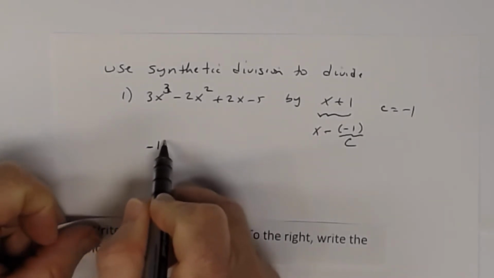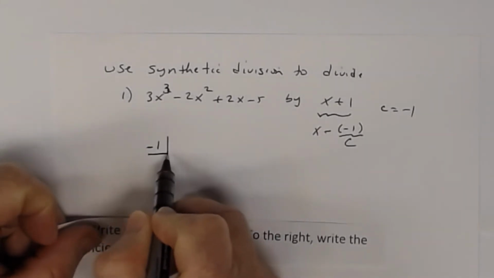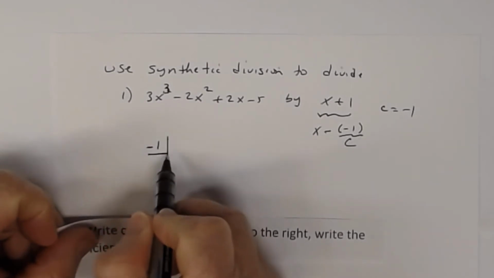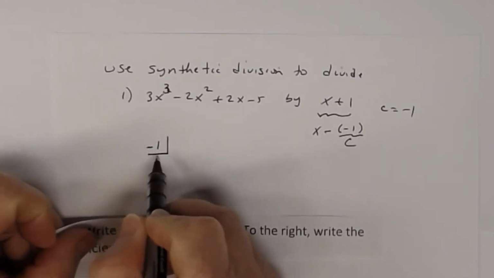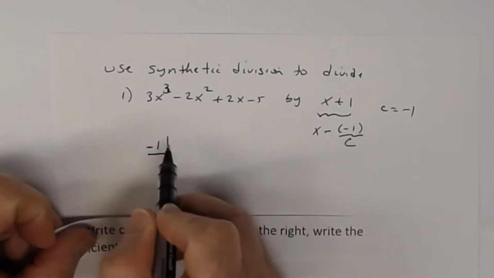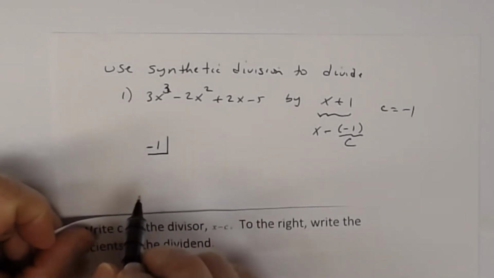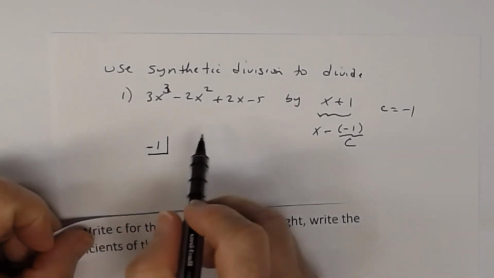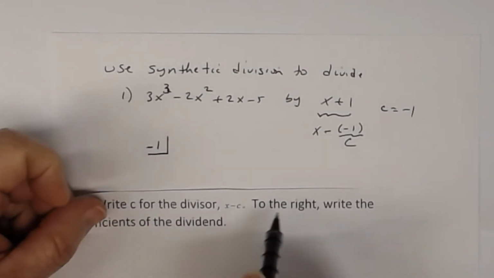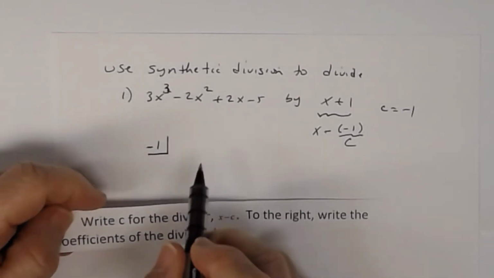Watch, -1. Then you're going to put kind of like a backwards L, like this. So you're kind of making it inside of a box, but don't actually draw a box. Just do kind of like a backwards L. All right, so there's your c, and then to the right, write the coefficients of the dividend.